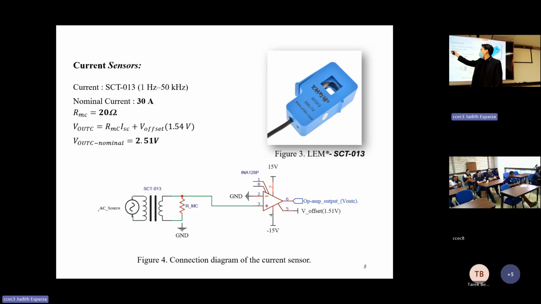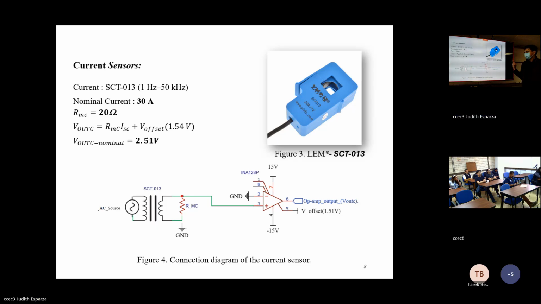The nominal primary current is 30 amperes and the secondary is 15 milliamperes, which corresponds to one volt.